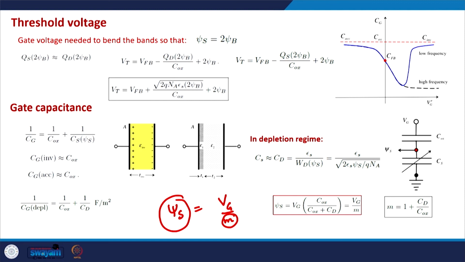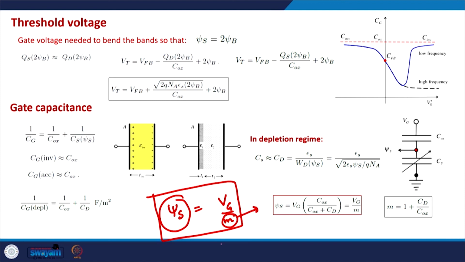So almost all the voltage drops across the semiconductor. In order to make the MOSFET better and better, we try to make m as close to 1 as possible.